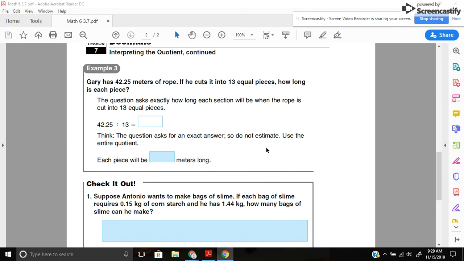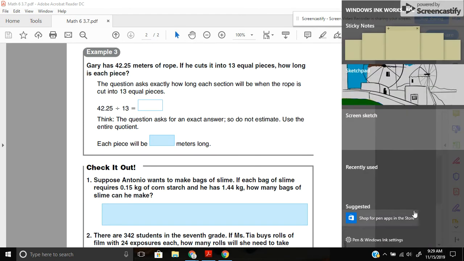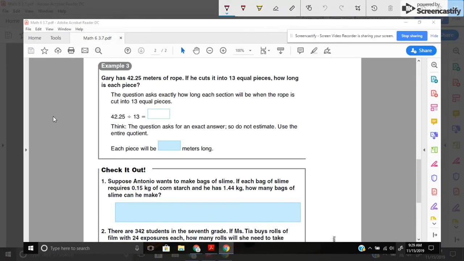Example 3 says Gary has 42.25 meters of rope and he cuts it into 13 equal pieces. How long is each piece? Okay. So again, we take our total and divide it by 13. So 42.25 divided by 13. 13 goes into 42 3 times. Bring my decimal straight up. 3 times 13 is 39. Subtract, I get 3, bring down my 2.